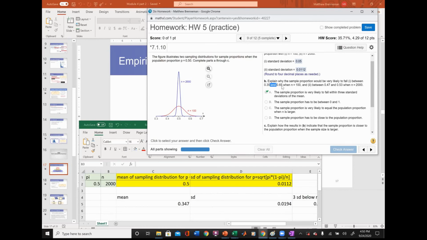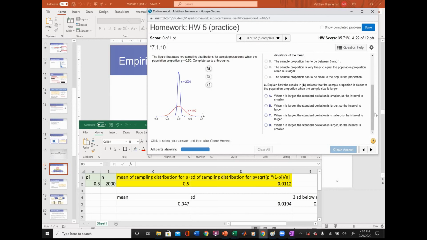Why? Because the standard deviation is larger, so that 3 standard deviation window is larger too. Whereas when the sample size goes up to 2,000, notice that if I'm outside of this 3 standard deviation window, it's unlikely. So the majority of values are going to be between 47 and 53%.